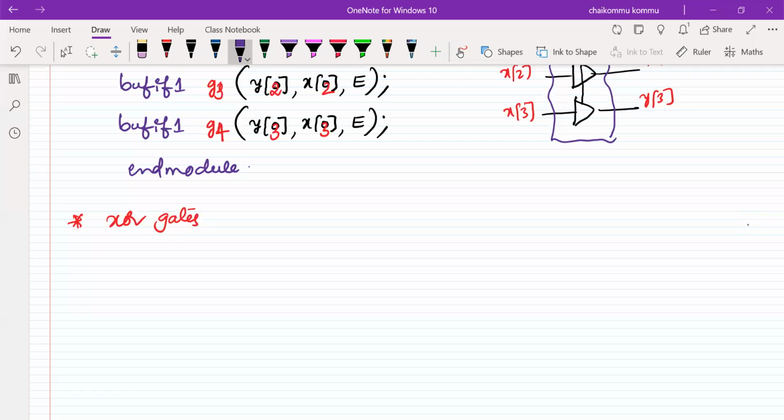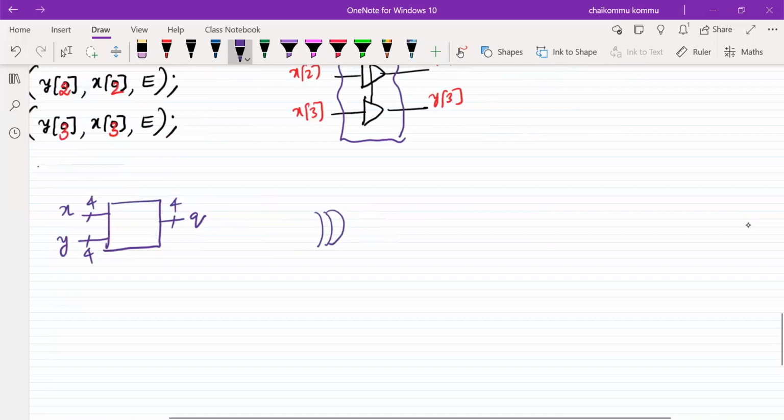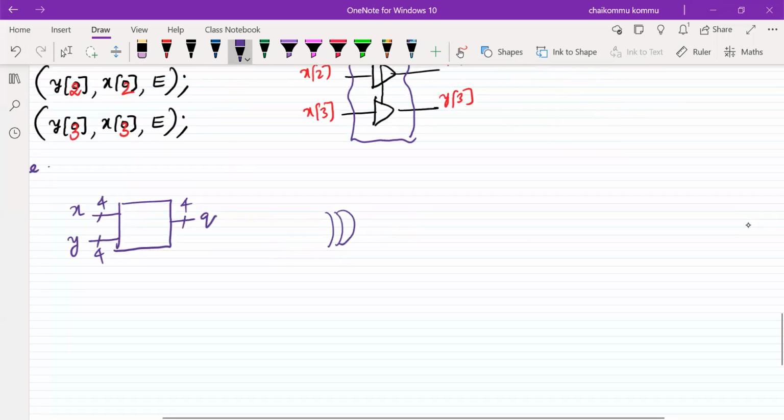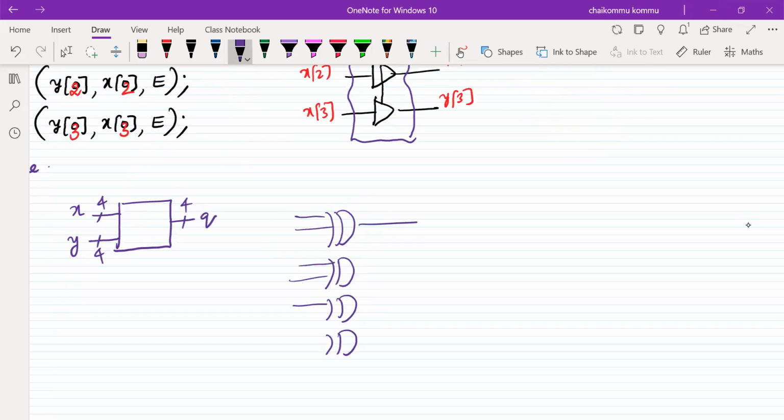So what is the top level module? The top level module consists of some X, some Y, and output Q, for example. It is a 4-bit size, this is also 4-bit size, this is also 4-bit size. So what can I write here now? 1, 2, 3, 4, 5, 6, 7, 8. What are the inputs here now?